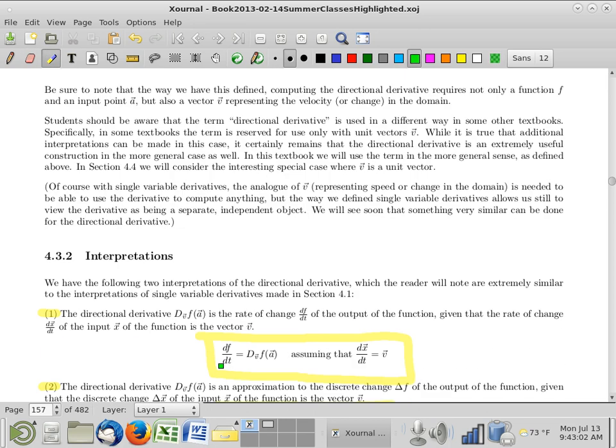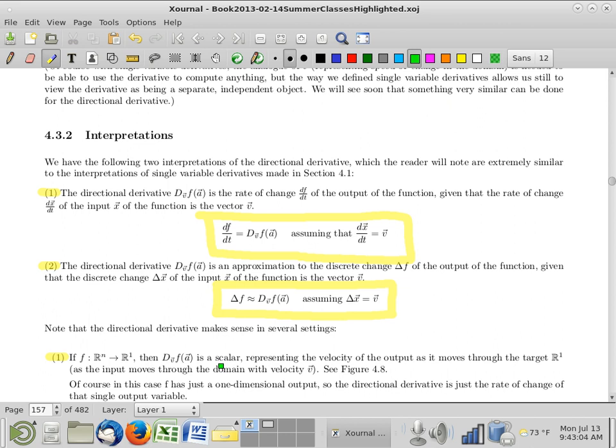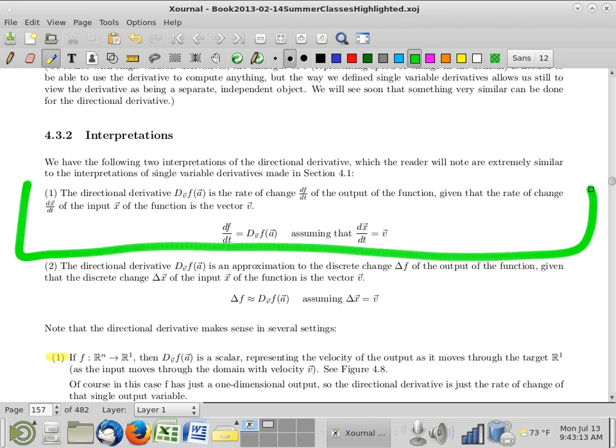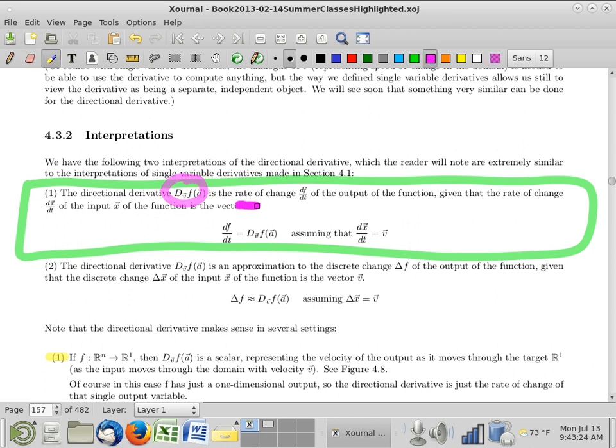Okay. So let's talk about interpretations of the directional derivative a little bit. These are just restatements of things that we kind of already talked about. But we can do it anyway. So the directional derivative is the rate of change of the output of the function, as I've indicated there. There's the notation for it.